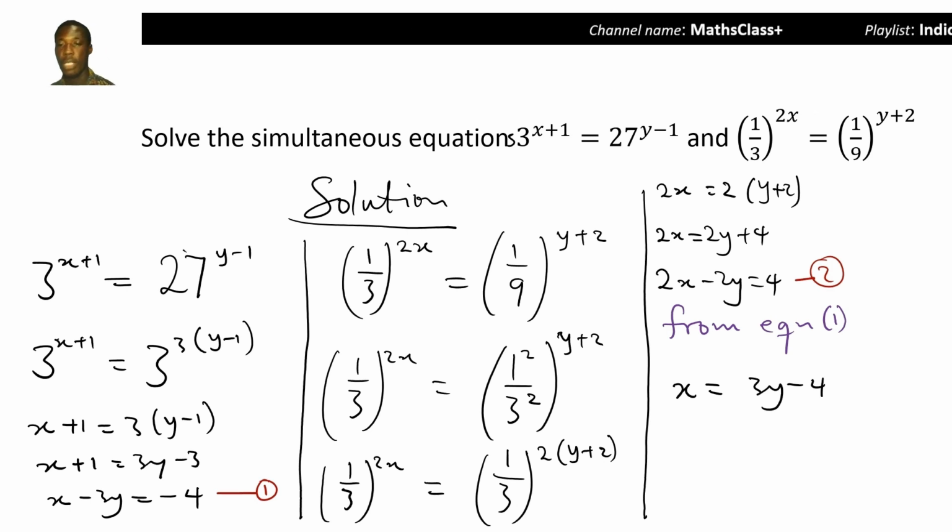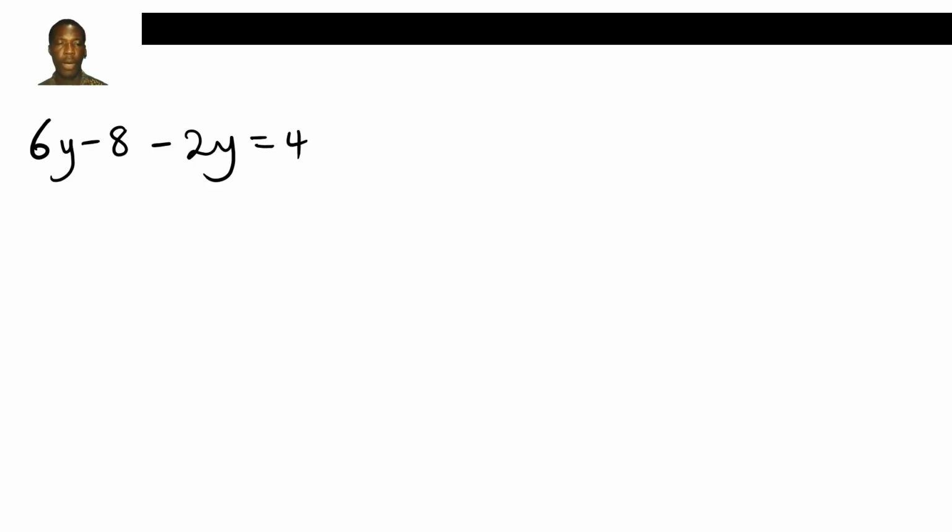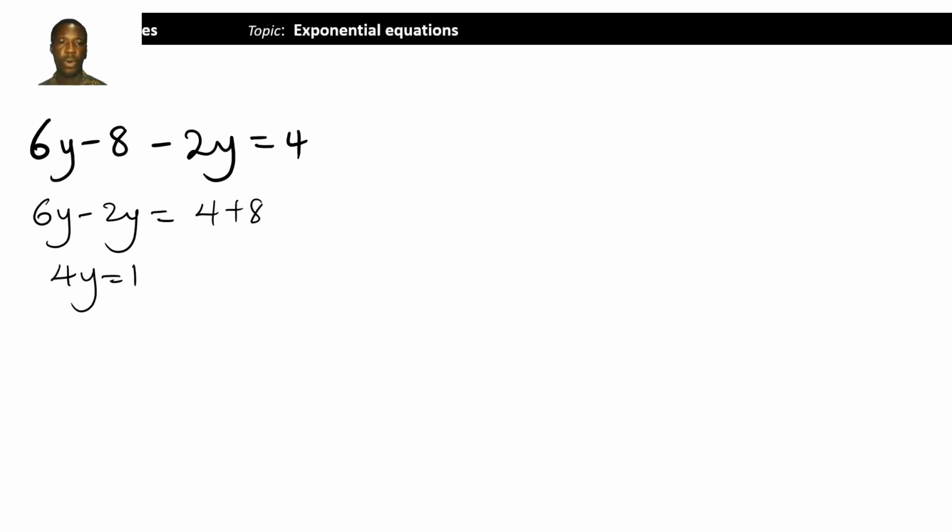I'm going to substitute the value of x into equation 2, and I'll get 2 bracket open 3y minus 4 minus 2y is equal to 4. So 6y minus 8 minus 2y is equal to 4. Now I will group them and have 6y minus 2y is equal to 4 plus 8. That will give me 4y is equal to 12. I divide through by 4 and get y is equal to 3.